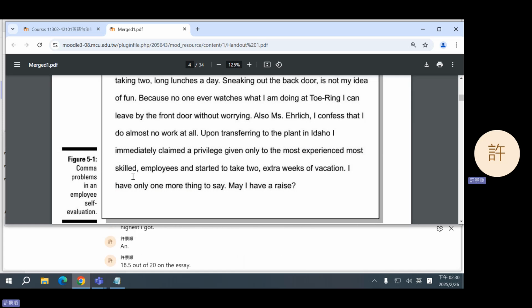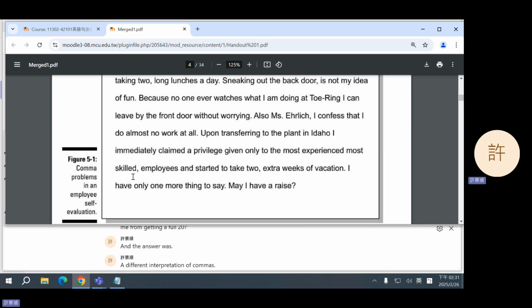And of course, because my essay was chosen as the example, I had to go to the center and sign a release agreeing to let them use my essay anonymously. And so I took that chance to ask, hey, what are the mistakes that prevented me from getting a full 20? And the answer was a different interpretation of commas.